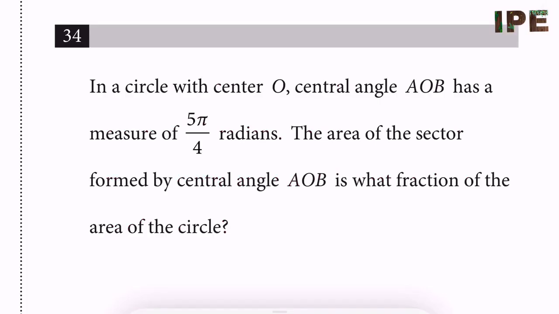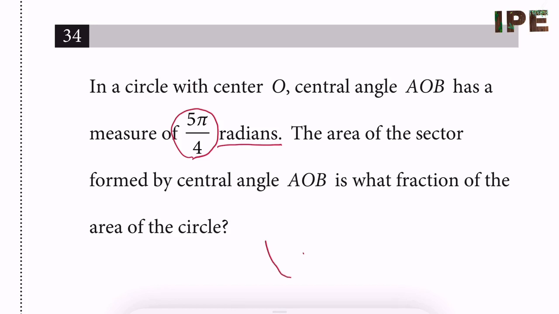Let's go. In a circle with center O, central angle AOB has a measure of 5 pi over 4 radian. It is a radian, not degree. The area of the sector formed by central angle AOB is what fraction of the area of the circle?